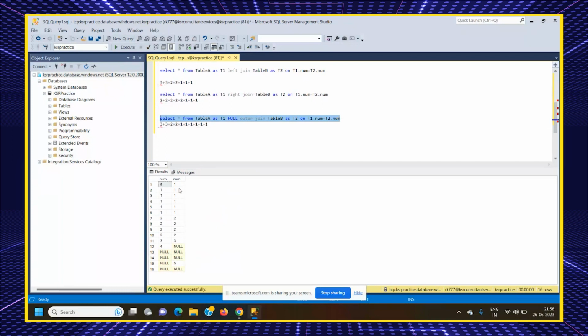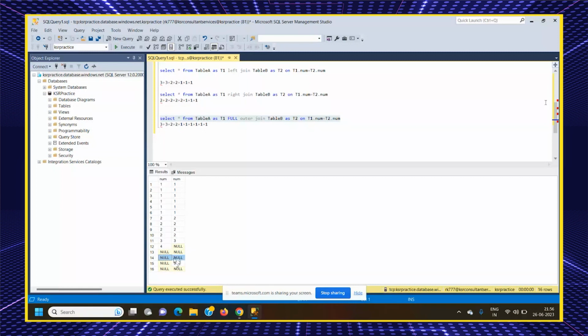All the matching conditions: we have 3 ones matching here, again 3 ones matching here, 2 matchings here, 2 matchings here, and one match for 3 here. In table A, we had 4, which is non-matching, and in table B there isn't any matching. In case of table A, we have null, and there is no matching in table 2. Again, in case of table B, we have 2 nulls.